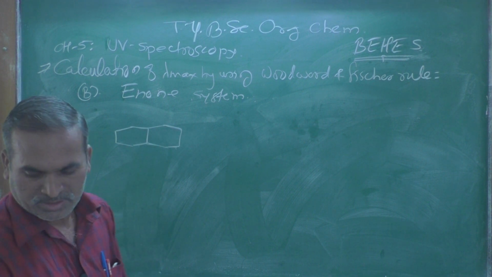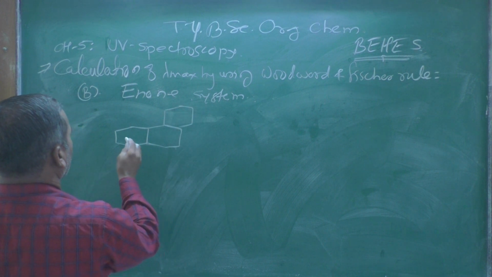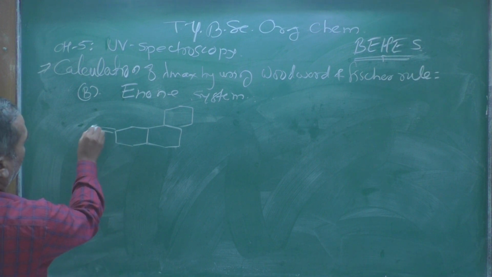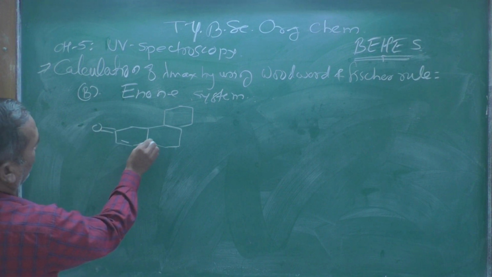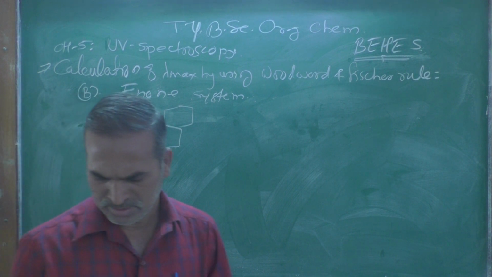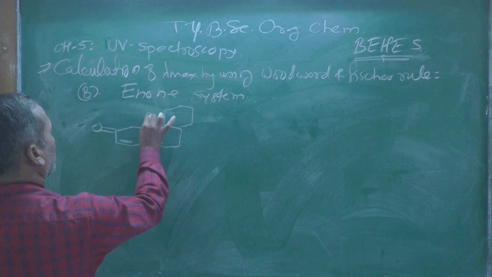This is the structure which I have drawn over here, with the carbonyl group, a double bond, and one more double bond I am putting over here. And here is the methyl group.